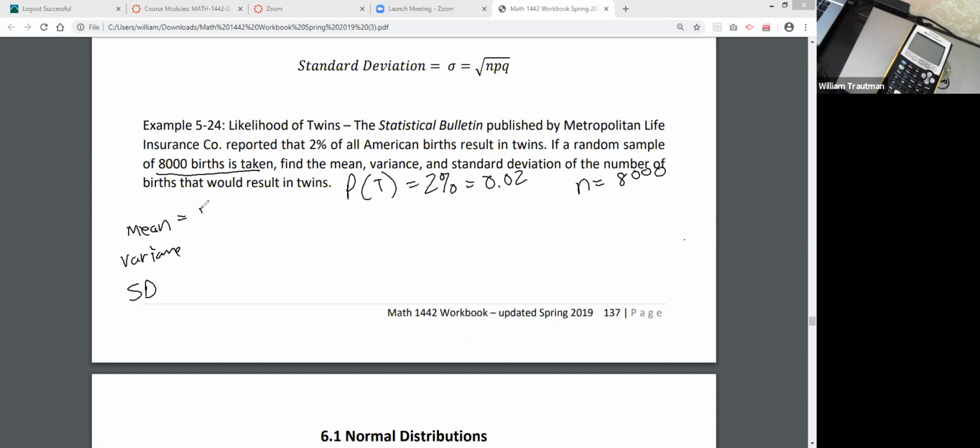The mean is n times p. N is 8,000. P was 2%, or 0.02. And we just put that in our calculator. 8,000 times 0.02. And our mean is 160.